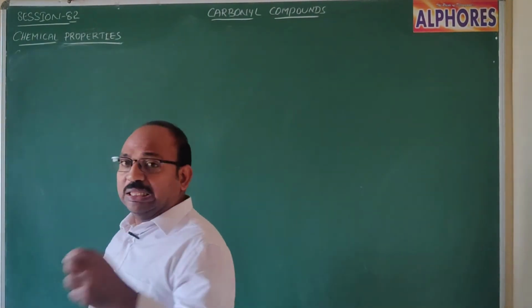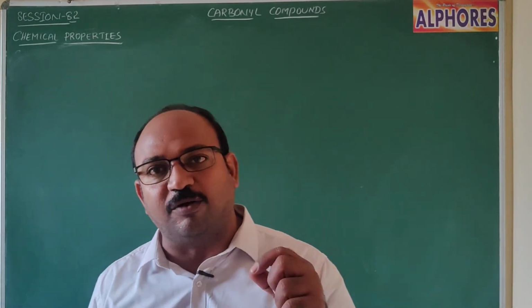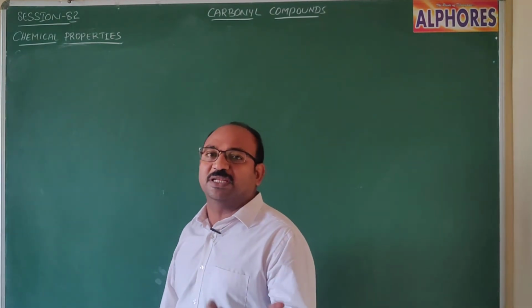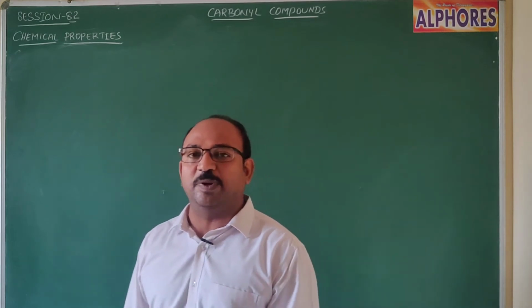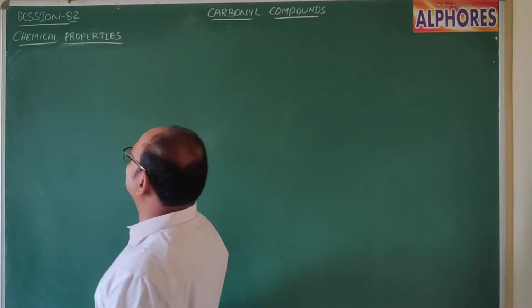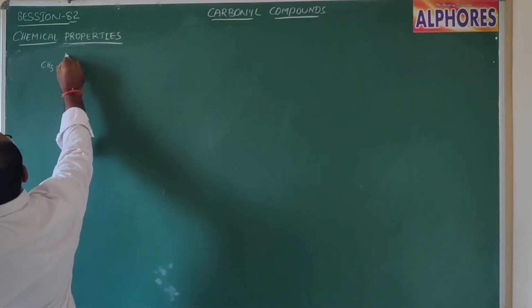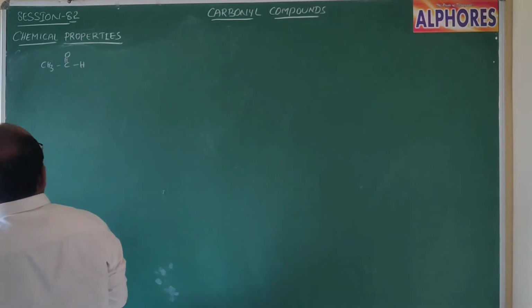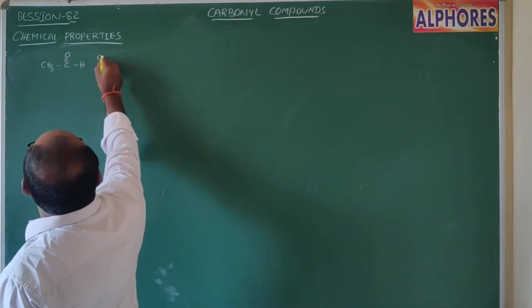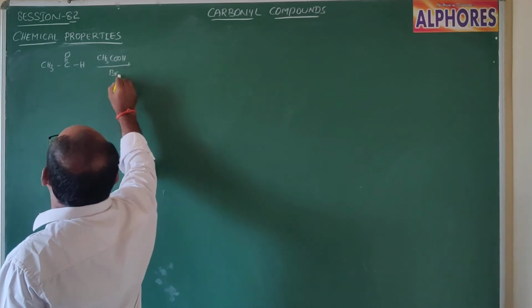Now, the displacement of halogen not only takes place in presence of base but also in presence of acid. Let us see. Here in presence of acid or base, I am going to consider an aldehyde, and I am going to use CH3COOH and Br2.